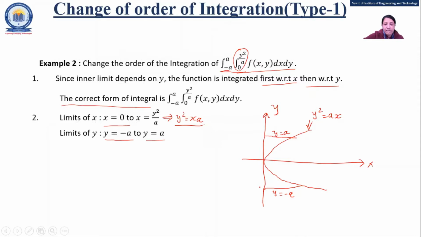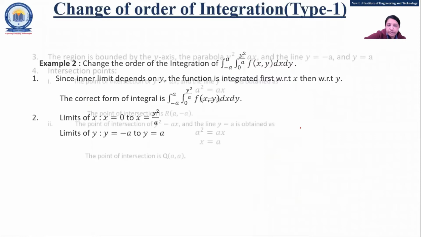Suppose I'll give names to the points. The points are S, R, P and Q. P, Q, R, S. Okay. So we are supposed to find out those intersection points.